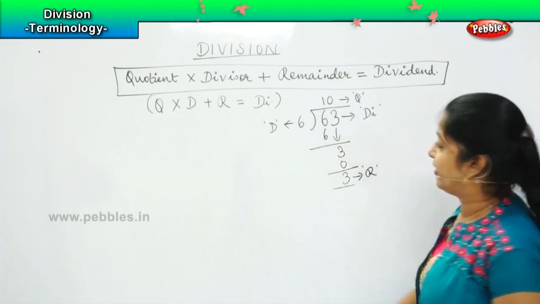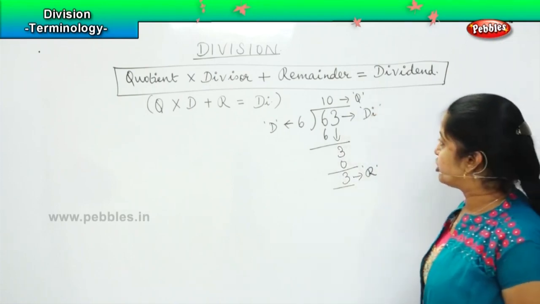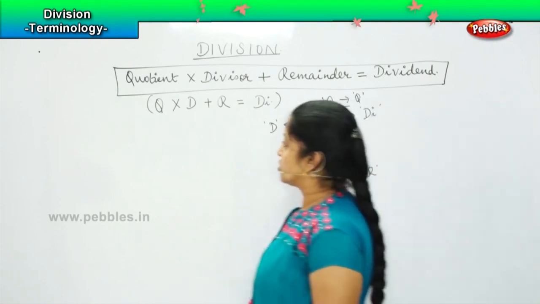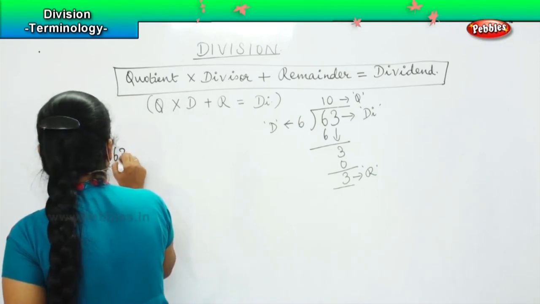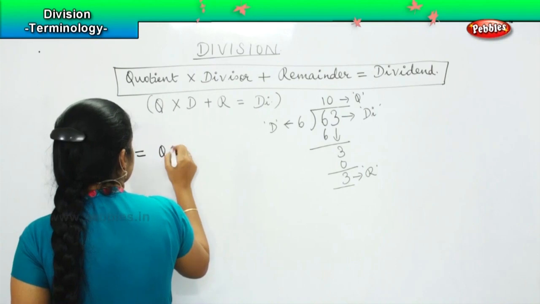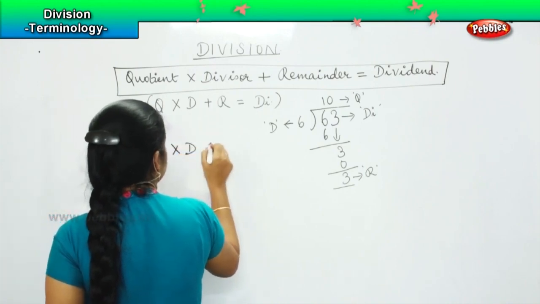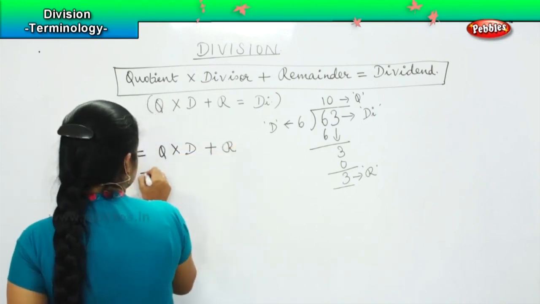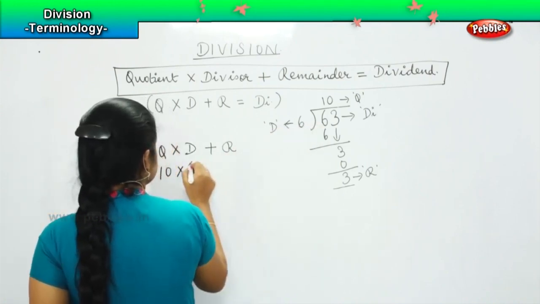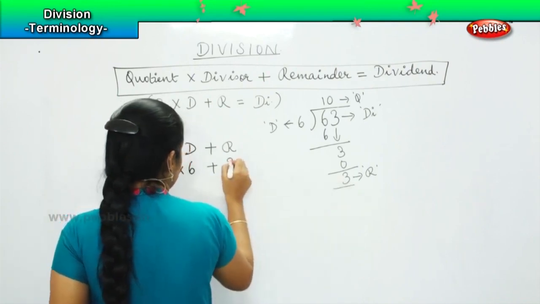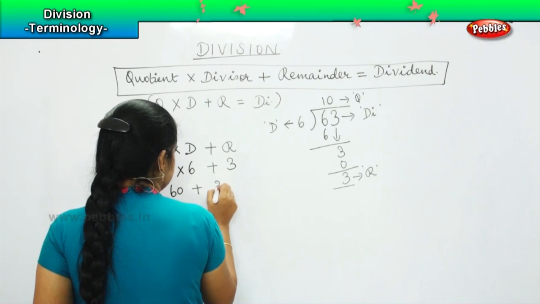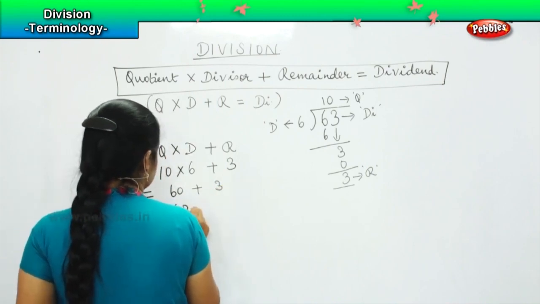Now I have to check whether the answer 10 is right or wrong. Okay. So now 63 is equal to, we have written, quotient into divisor plus remainder, which is nothing but 10 into 6 plus 3, which is nothing but 10 sixes are 60 plus 3 equals 63.